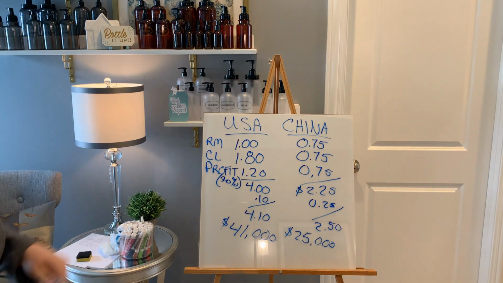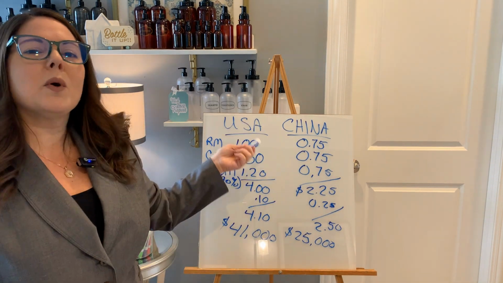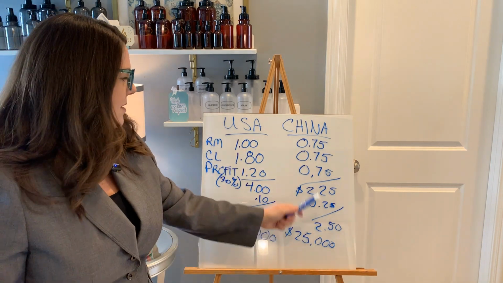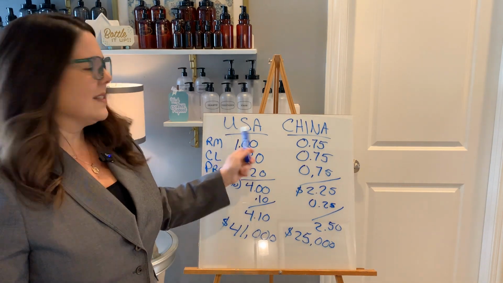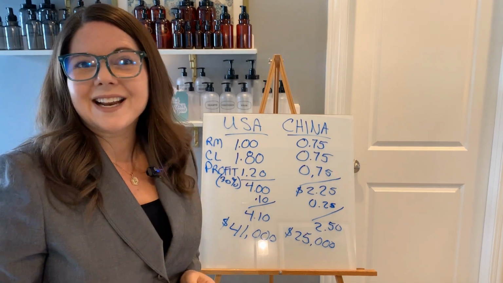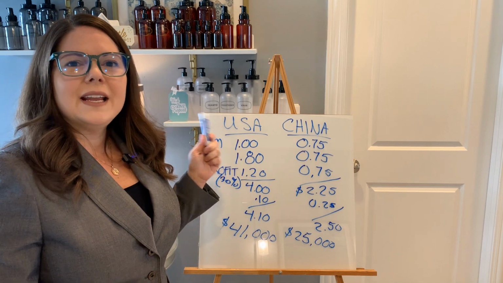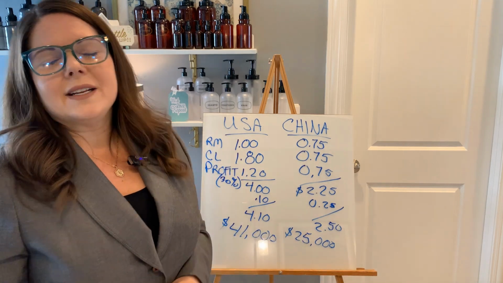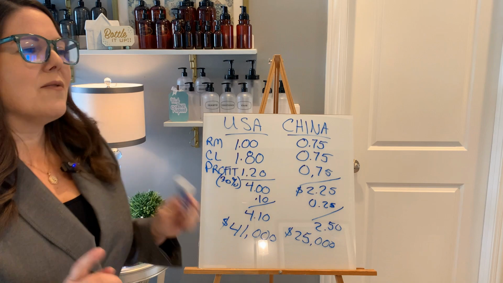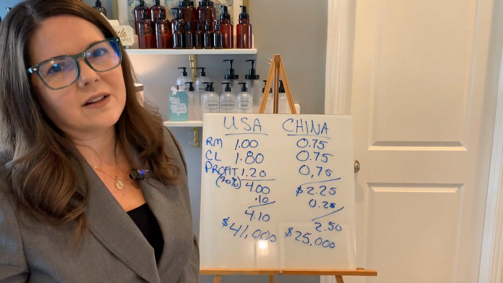All right, so this is what we're starting with, a simple math. Now, again, remember, we're assuming I could get the same 10,000 units from a USA supplier that I can from a Chinese supplier. And I'm here to tell you that I cannot. I can't actually buy US goods in the minimum order quantities that I need as a small business. If I want to buy from the US, I have to buy from a wholesaler.